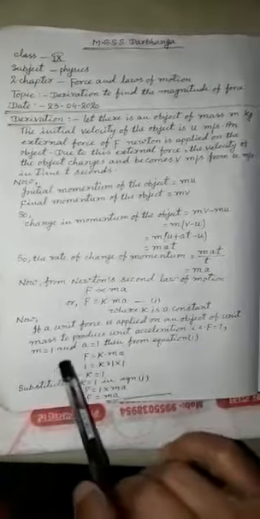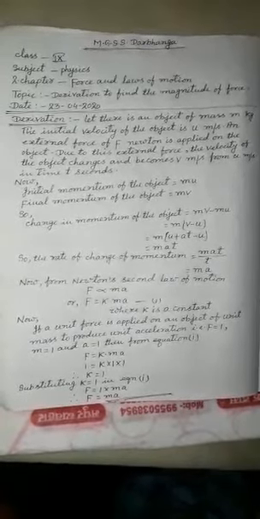Now here is a condition. If a unit force is applied on an object of unit mass to produce unit acceleration. Unit force means force is 1, that is 1 Newton. Object of unit mass means the mass of the object is 1 kg. To produce unit acceleration means acceleration a is equal to 1 meter per second square.